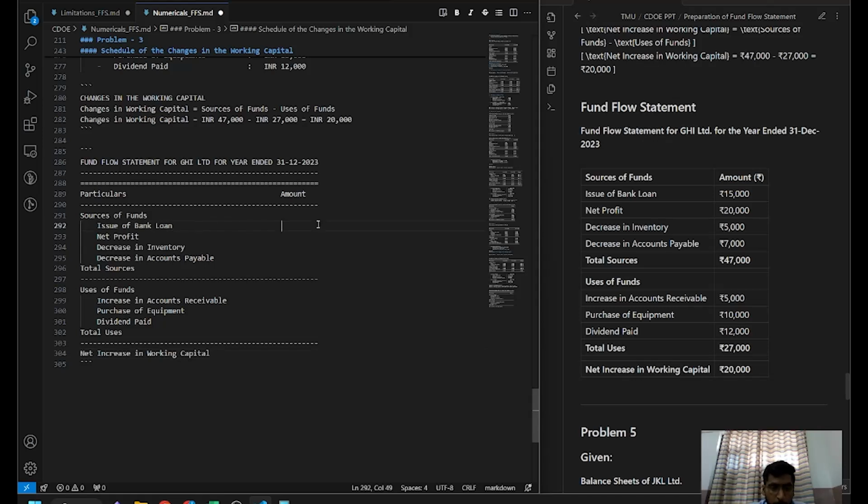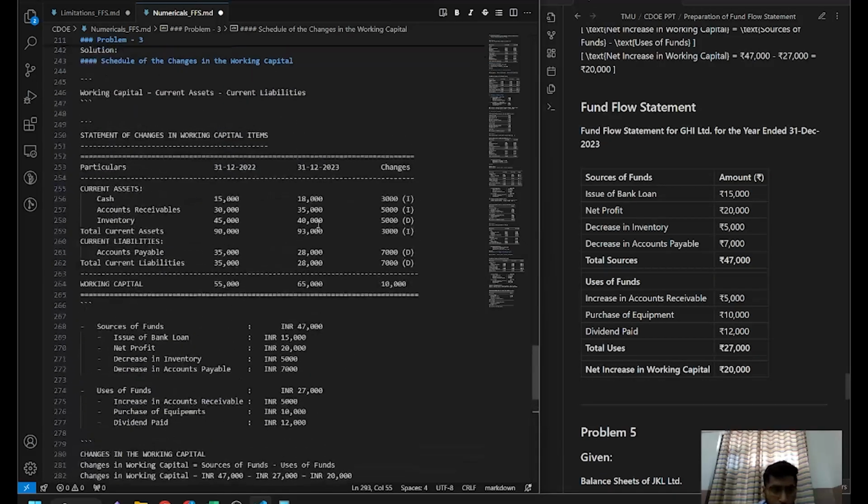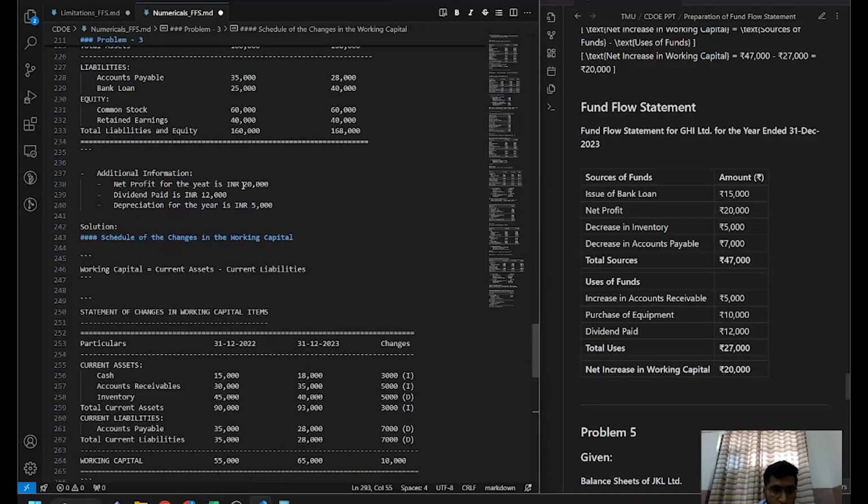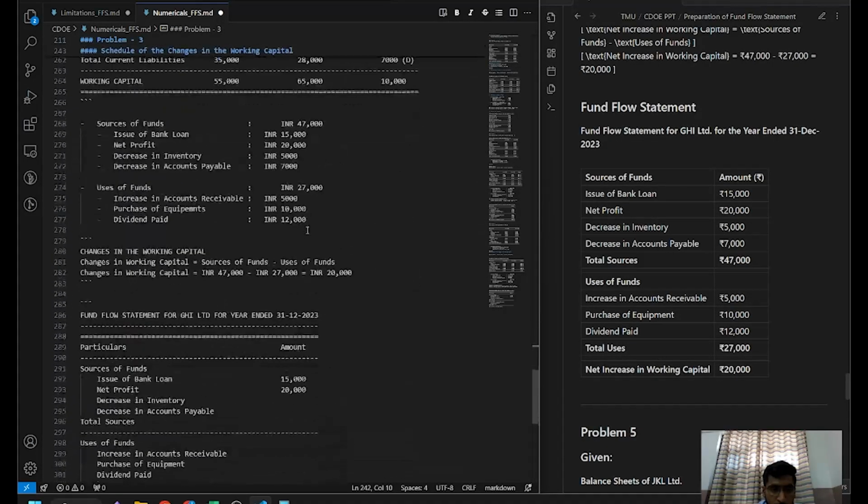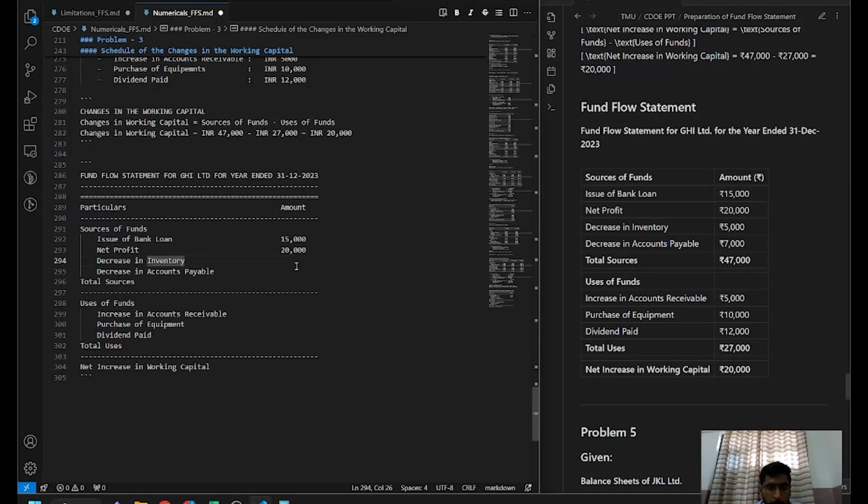So let us now fill up the values. Sources of funds, we have already calculated 15,000. Net profit is 20,000. That we have also been given in the question. Then inventory decreased by 5,000. Accounts payable decreased by 7,000, making the total sources 47,000.